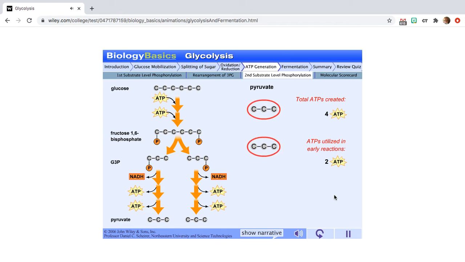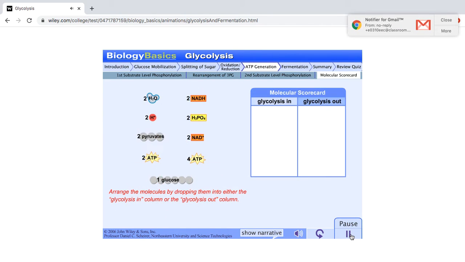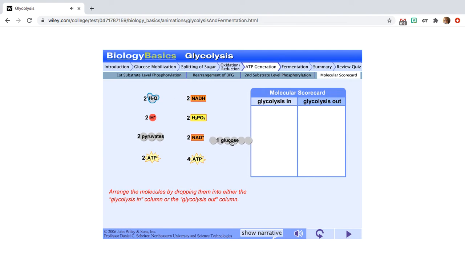Most of the energy in glucose is still contained in the 2 pyruvate molecules. Let's summarize our molecular scorecard so far. Arrange the molecules by dropping them into either the glycolysis in column or the glycolysis out column.